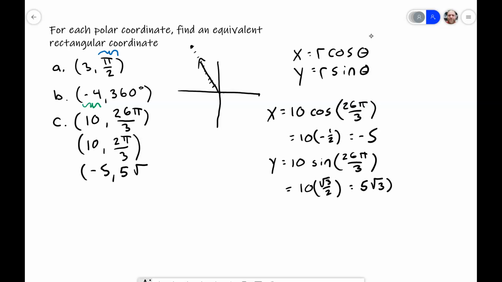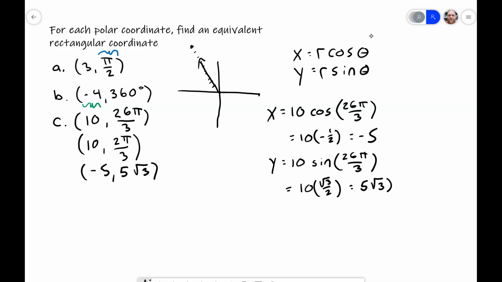So that is going to be our rectangular coordinate that is equivalent to the polar coordinate 10, 26 pi over 3.